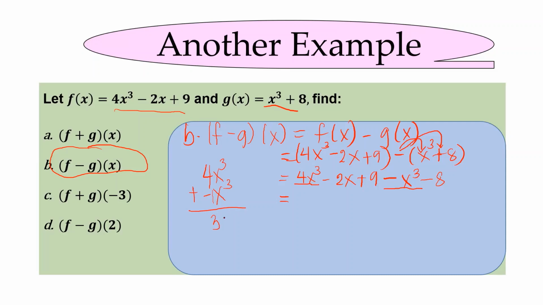So, 3x cubed. And then, bring down negative 2x kasi wala po tayong ma-combine kay negative 2x kasi wala pong ibang may 2x. Si negative 2x lang.